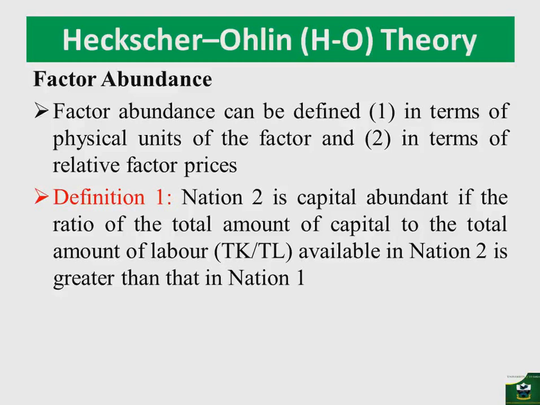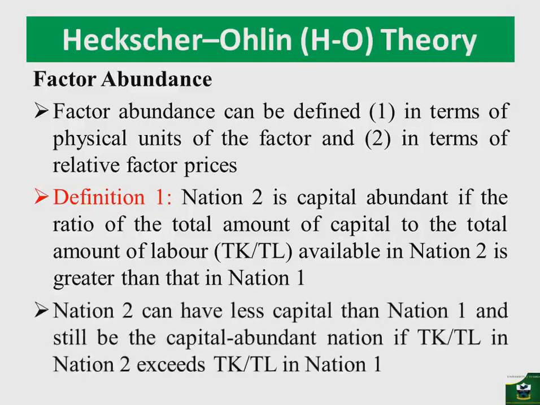So recall here, we are not looking at just the actual total amount of capital and the total amount of labor, but we are looking at the ratio of the total amount of capital to the total amount of labor. So in our previous case, where we saw a graph where nation 2 had a higher capital labor ratio both in the production of X and Y compared to nation 1, nation 2 then is said to be capital abundant.